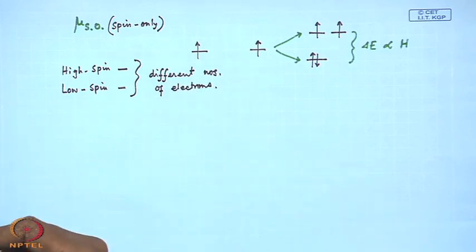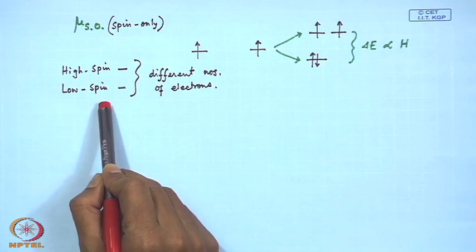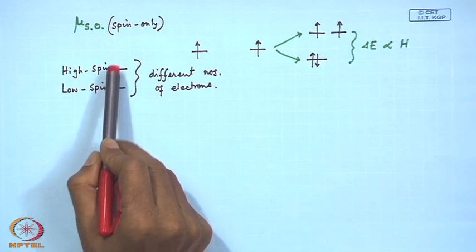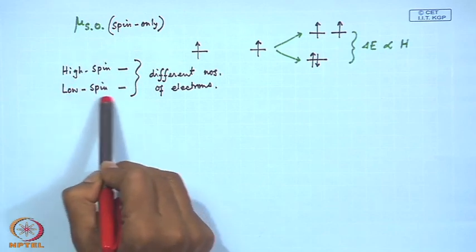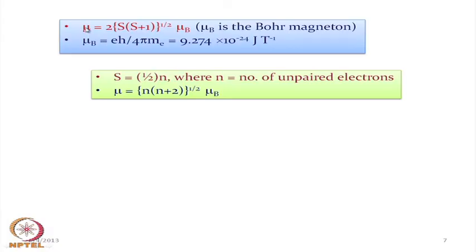So, for high spin complexes and low spin complexes, which is the direct manifestation of the crystal field splitting, that splitting gives us different numbers of unpaired electrons for high spin compounds as well as for low spin compounds. As a result, we can have the corresponding mu effective values or mu spin only values, because we are considering only the spin only values, with different magnitudes of mu effective for the high spin complexes as well as low spin complexes.